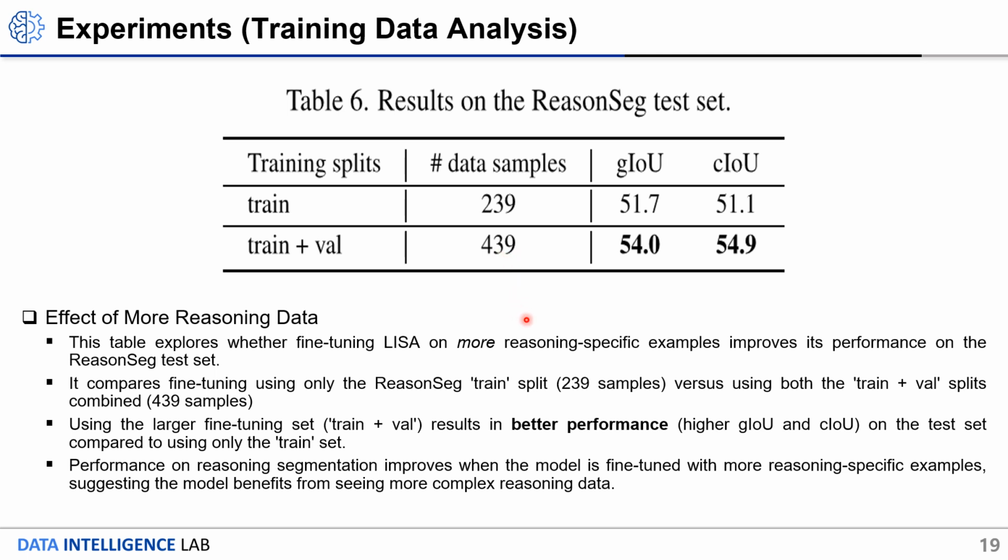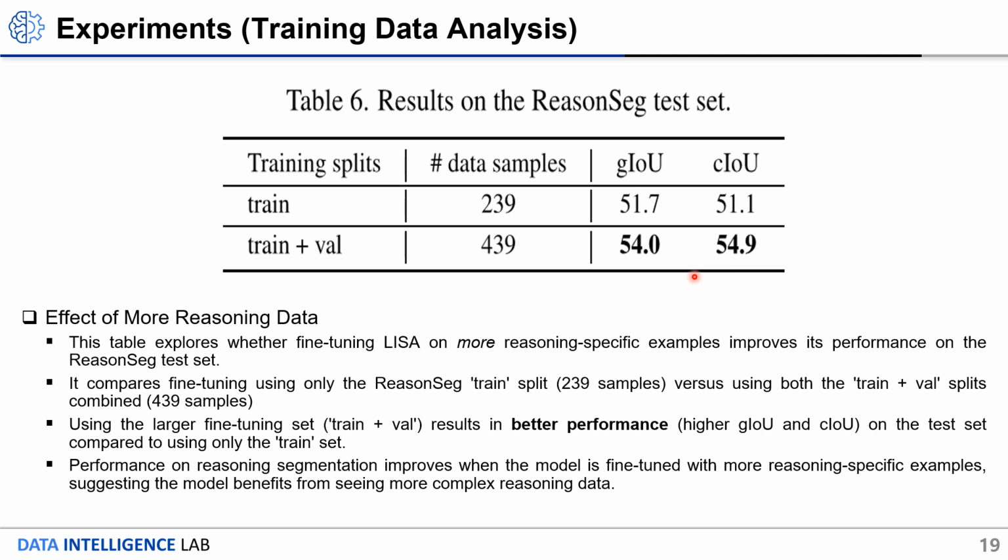Now for the key finding, using the larger fine-tuning set, train plus val, gives better performance, with higher gIoU and cIoU on the test set compared to using only the train set. Yeah, so train plus val is higher than the train-only result.